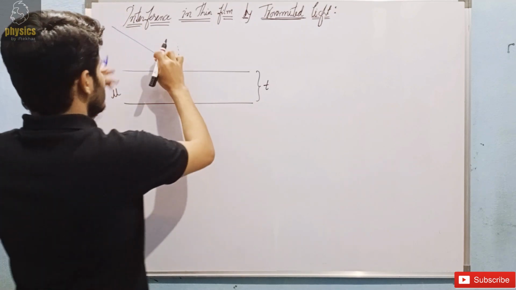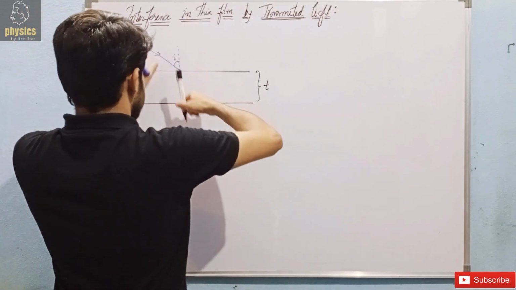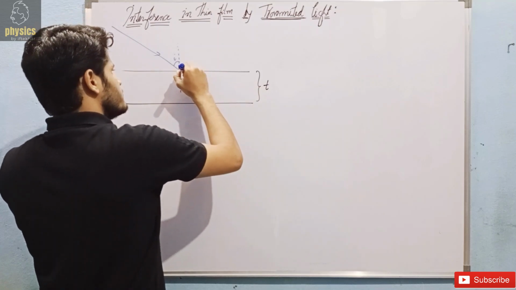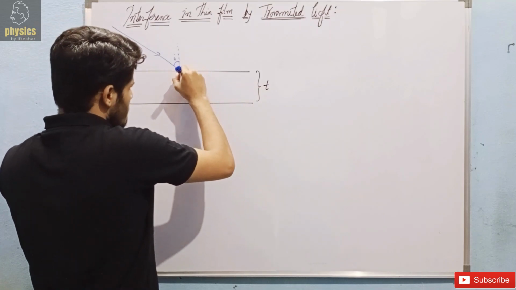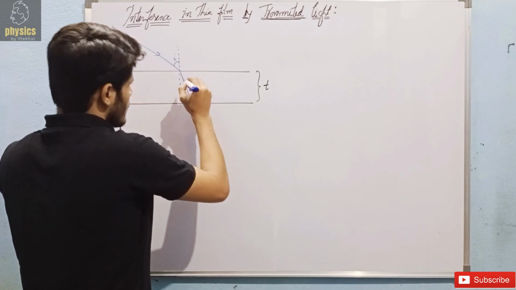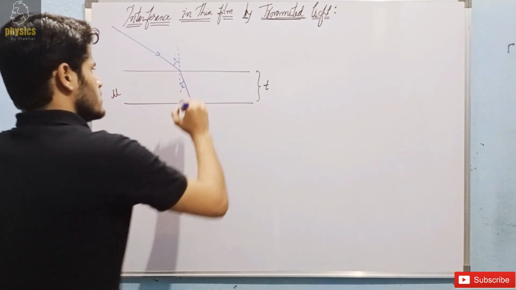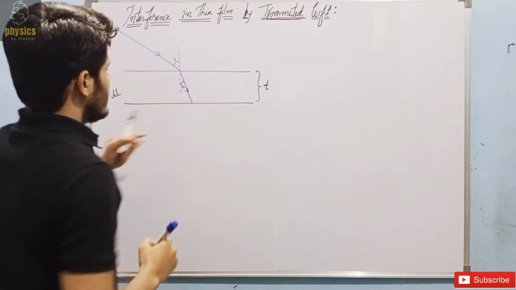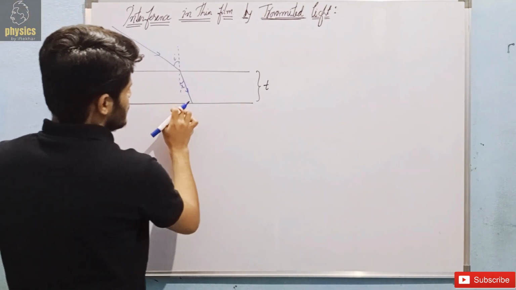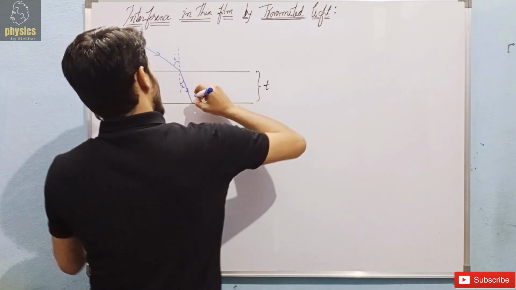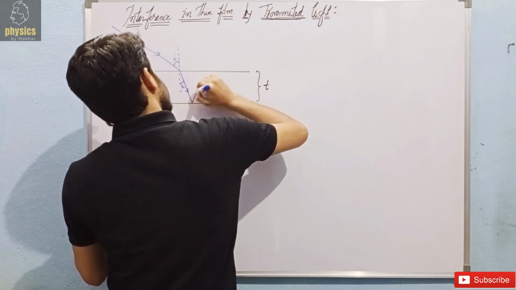The part of this light ray which got transmitted inside the thin film is here, with some angle of refraction r. Again, this ray at the bottom surface of the thin film will undergo reflection.